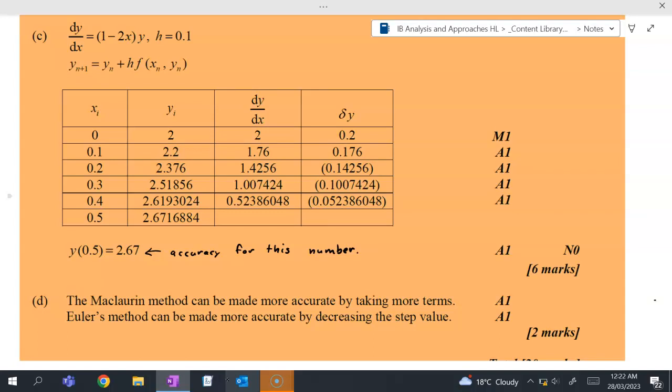So I'd suggest at least all your values should go to 4 decimal places, but the more decimal places you use, the safer you are.